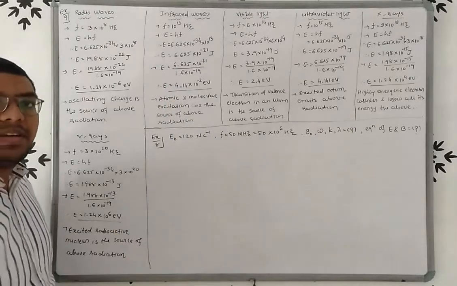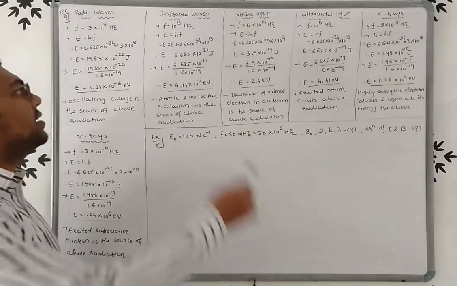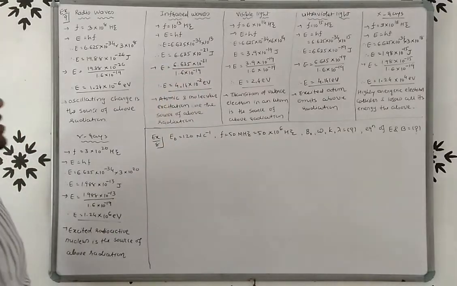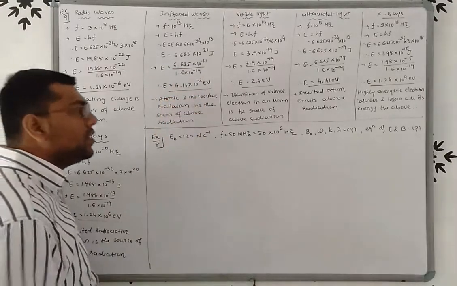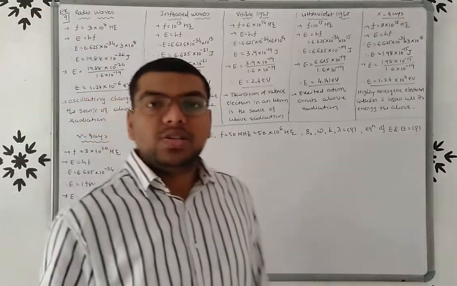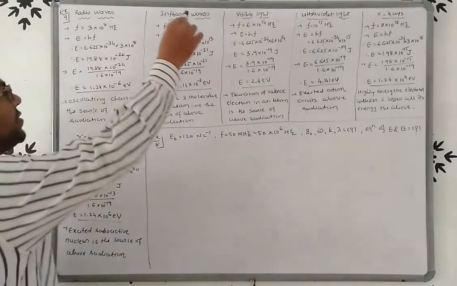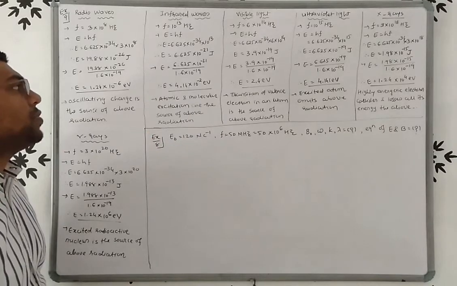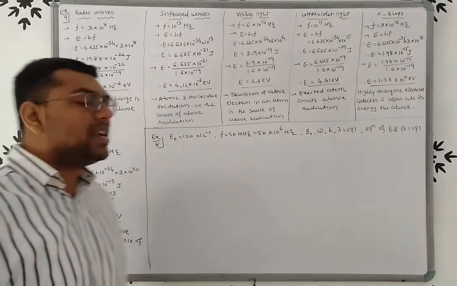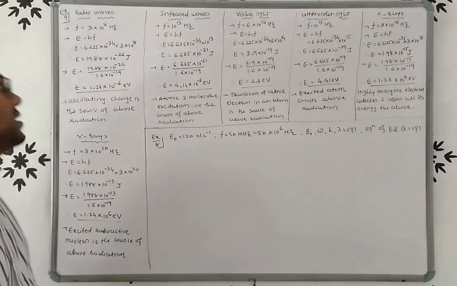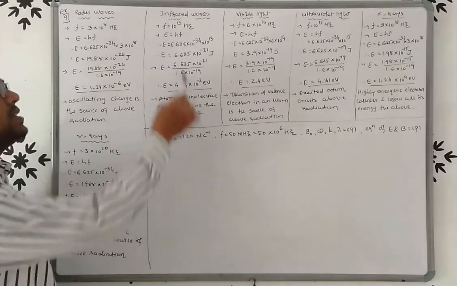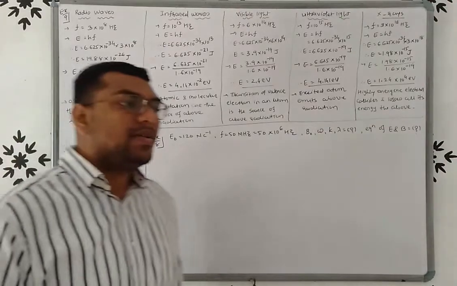To convert into eV, divide this 6.625 × 10^-21 by 1.6 × 10^-19. So we get energy of these infrared waves in eV, that is equal to 4.14 × 10^-2 eV. And the atomic and molecular excitation are the source of this radiation.